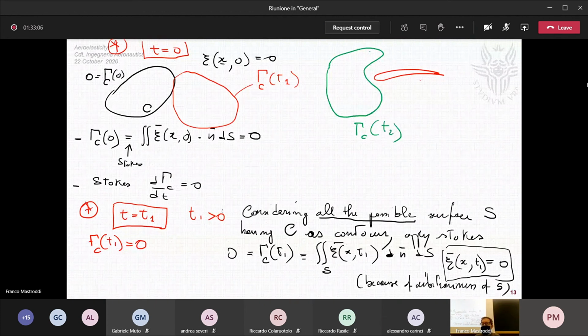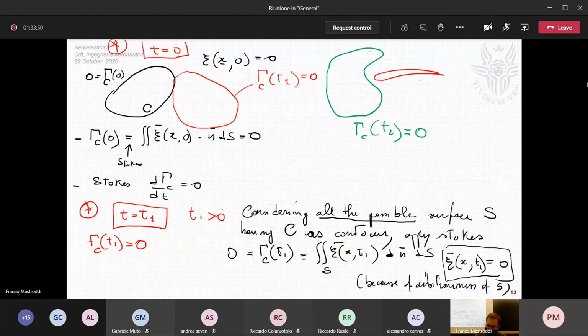Same kind of conclusion. Again, also in this case, the circulation composed by the same particles is still 0 as before. And this is because of the Kelvin theorem. And again, you can associate to this circulation by the Stokes theorem many surfaces having this circulation as contour, and all the points spanned by this surface are points with 0 vorticity, and so on.